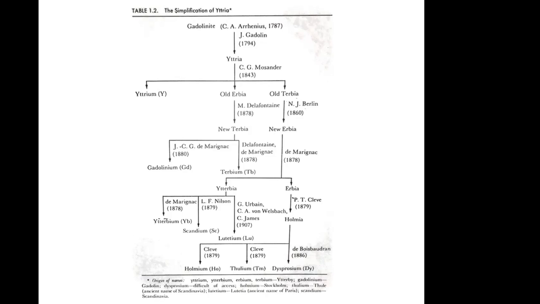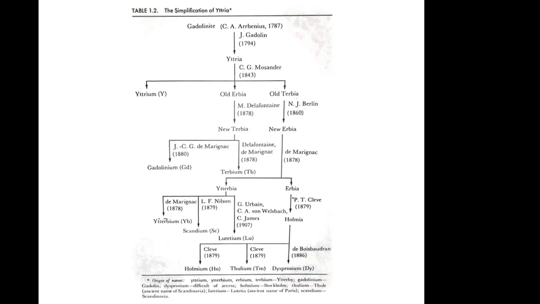And so he thought this should be of interest to chemists, and he sent samples of the rock to various chemists for analysis. In particular, Johan Gadolin at the University of Abo identified a new oxide in one of those samples.